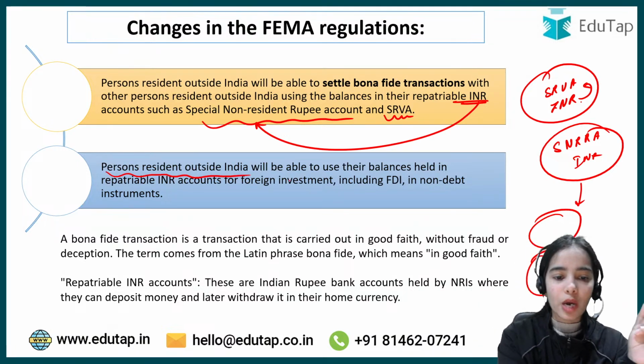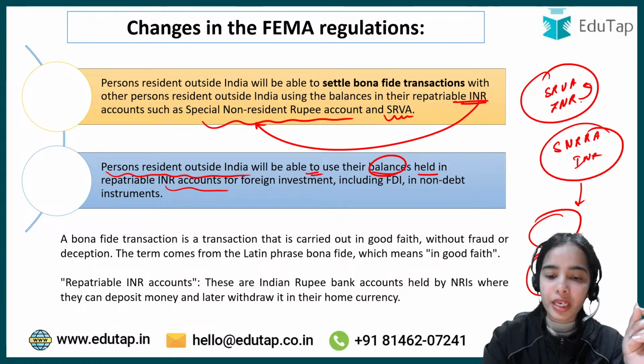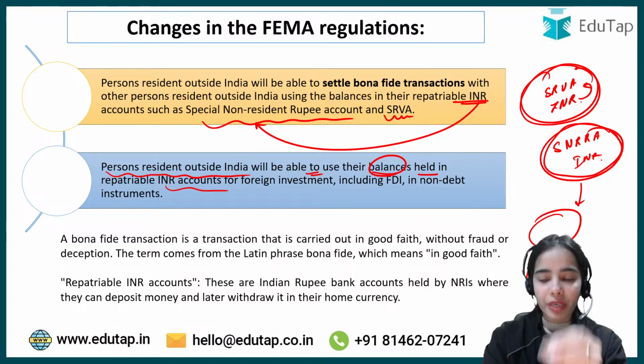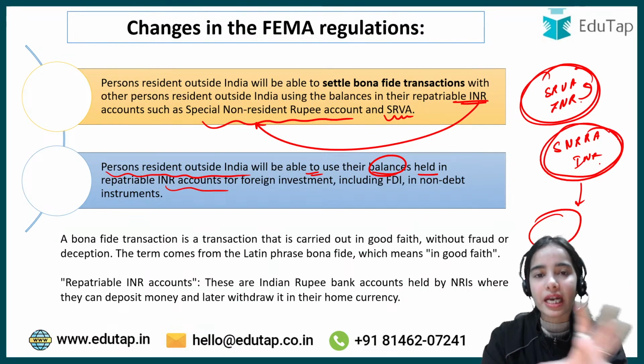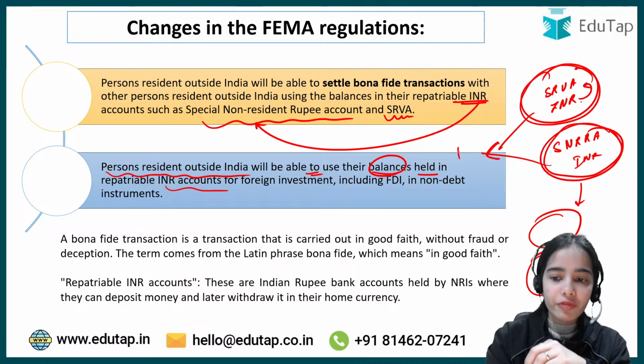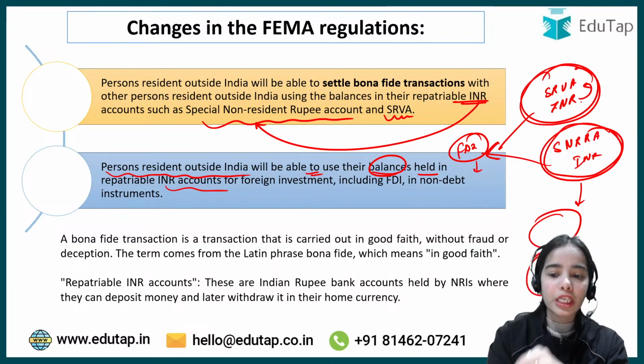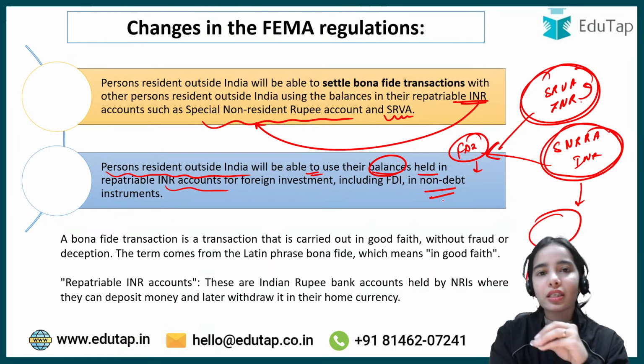Now a person resident outside India will be able to use the balances held in repatriable INR accounts. Let's say in the special rupee Vostro account or in the special non-resident rupee account, there is some INR left. They can use this money to do foreign direct investment in India, or to make non-debt investments in India.